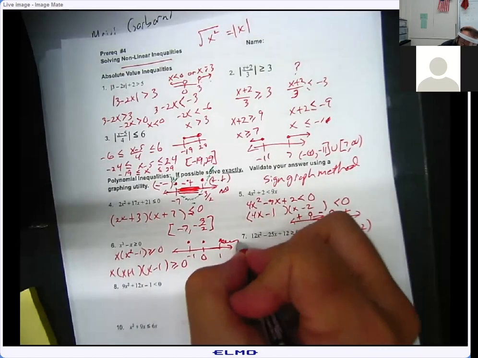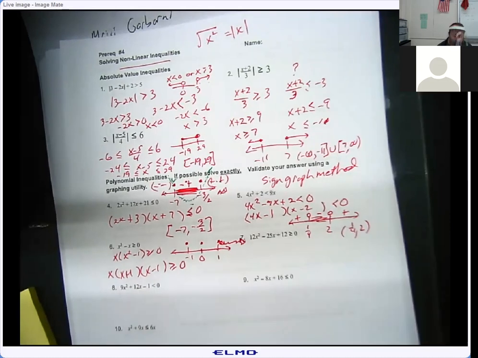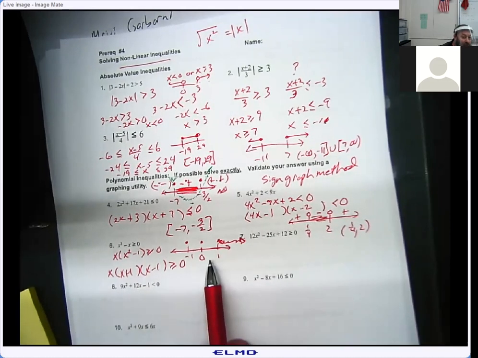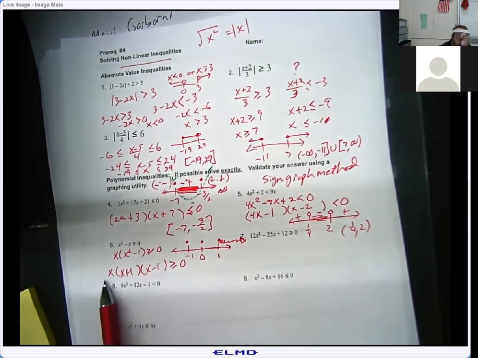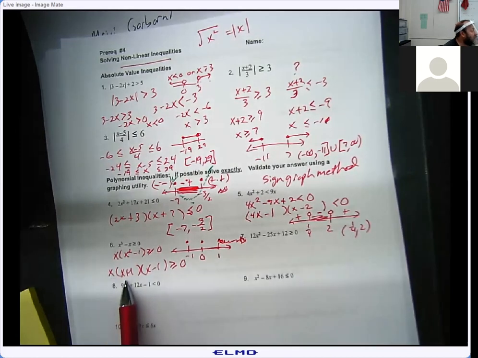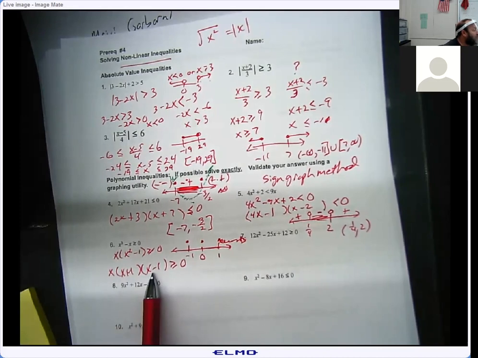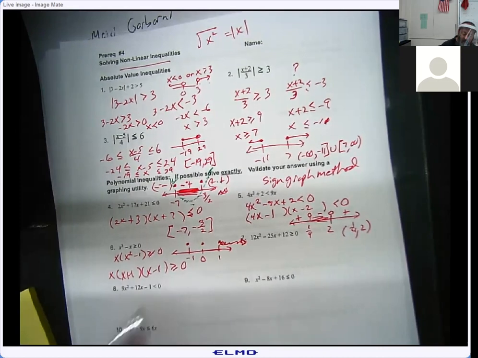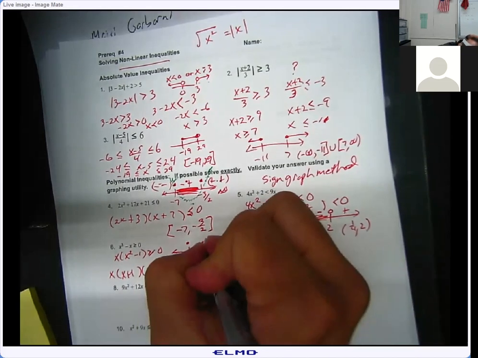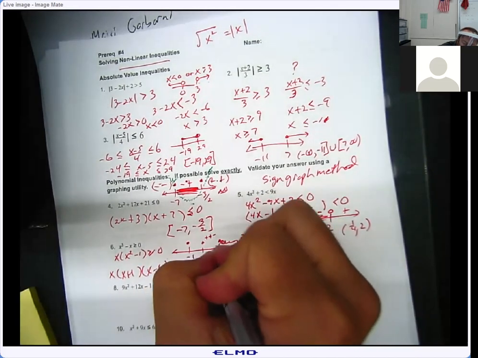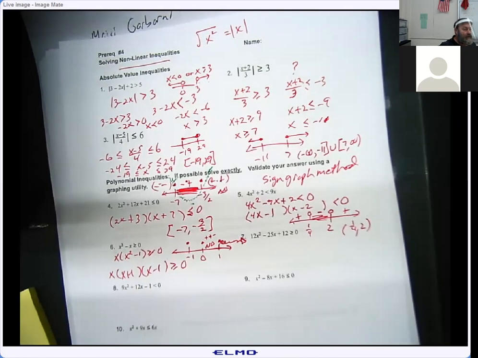Yay, this is good stuff out here. What about what happens in here, like if you tried a half? If I plugged in a half, isn't that positive? What's a half plus 1? Also positive. What's a half minus 1? That's negative. What is a positive times a positive times a negative? Ooh, so I don't want to be in there, right?